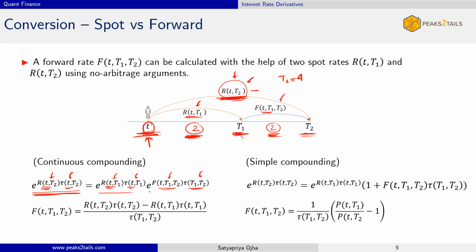Both results should match. Otherwise, there will be arbitrage. So from here, I can easily calculate. Everything is e to the power, right? So I can just calculate this guy, F t T1, T2, the forward rate between T1 and T2 as this. Second spot rate times its year fraction minus first spot rate times its year fraction from T divided by the year fraction between T1 and T2.